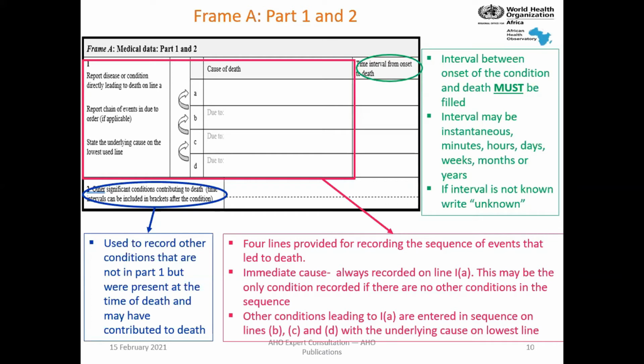It is one of the do's of completing a medical certificate of cause of death. The interval between the onset of the condition and the death is a must. Never leave it blank. Always record, for example, severe hemorrhage, 3 hours. Abruptio placenta, you may not know when the abruption set in, so you put unknown. Something like that. Always make sure you don't leave that part blank.